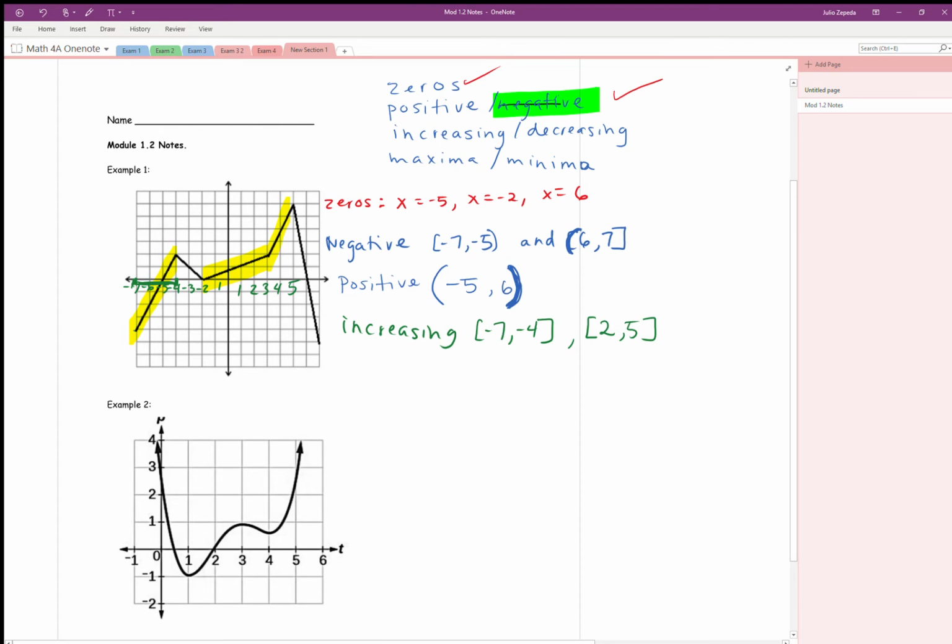Okay, and then it's going to be decreasing in the other portions. So decreasing here in that portion and that portion.